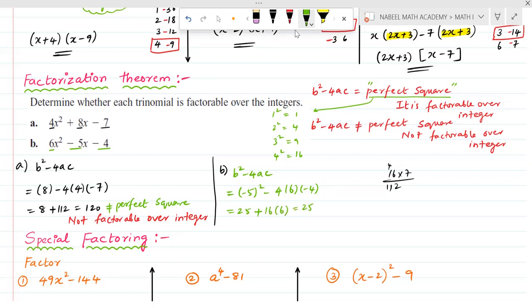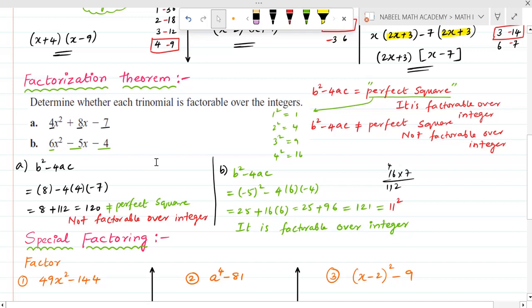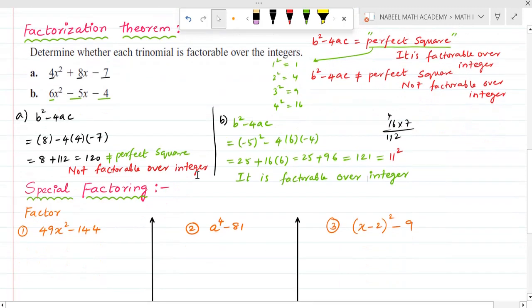So which is equal to 96, and which is equal to 121, which is a perfect square. That is equal to 11 square. Therefore, it is factorable over integers. So this is the factorization theorem. If it is not a perfect square, we say it is not factorable. If it is a perfect square, it is factorable over integers.